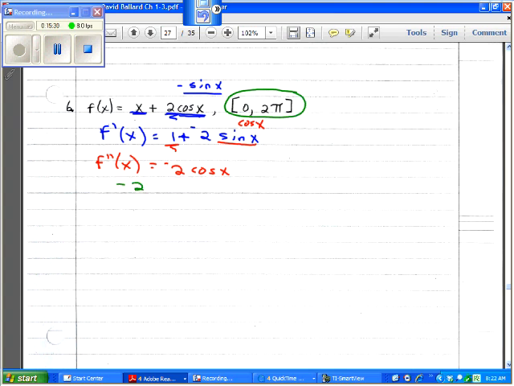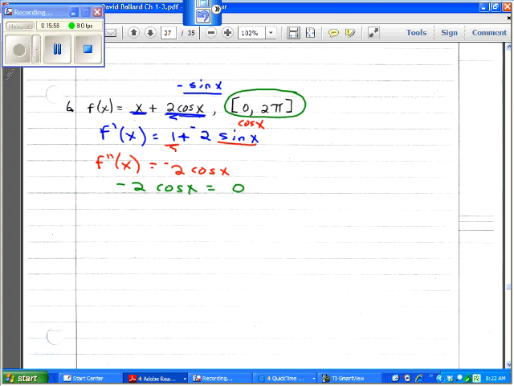And we want to set that equal to 0, so we have negative 2 cosine x is equal to 0. We're trying to find test points for the second derivative. And test points will give us possible points of inflection, right? Where the second derivative is 0, there's possibly a point of inflection, but to actually be a point of inflection, there has to be a change in concavity at that point, okay?